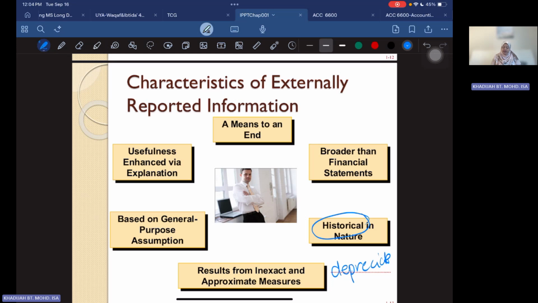Again, based on an estimate or approximate measures. It's not accurate, but it is the most accurate, approximately the value of the asset as at this date after taking into consideration the depreciation. And again, whenever we do the recording, it's based on general purpose assumptions. So there are some assumptions that we have to consider when we record our business transactions.